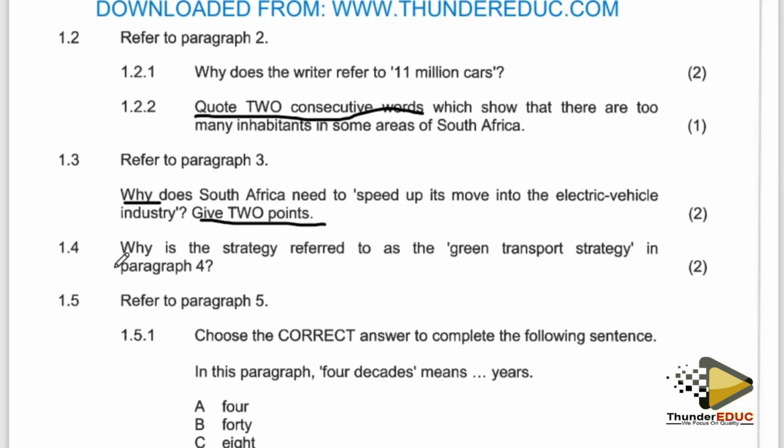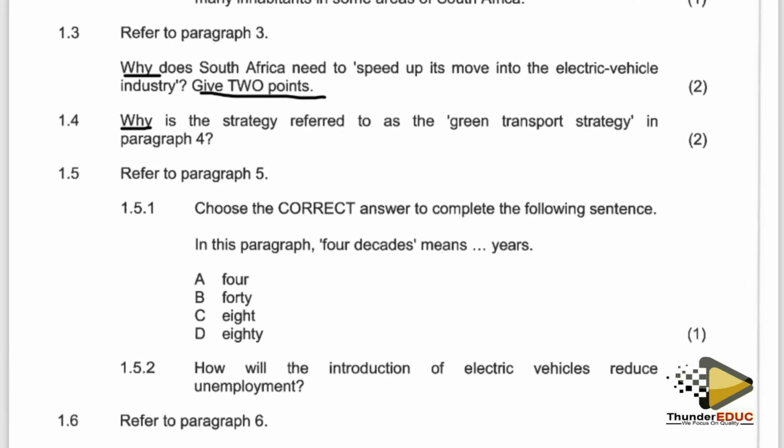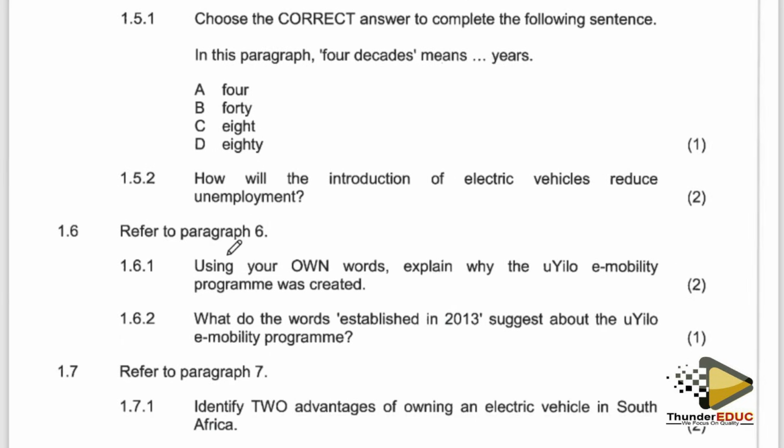Why is the strategy referred to as the green transport? So you must give the reason. When we are talking about why, you are supposed to provide a reason why the strategies are referred to as that. All right. So when we are also coming to paragraph 6, using your own words, that's a clear instruction.